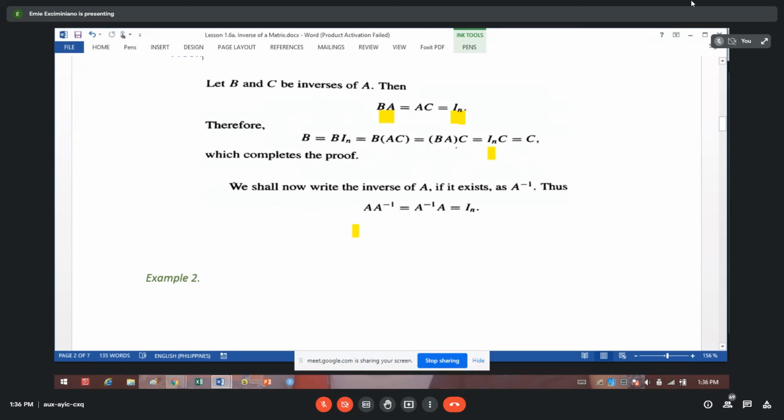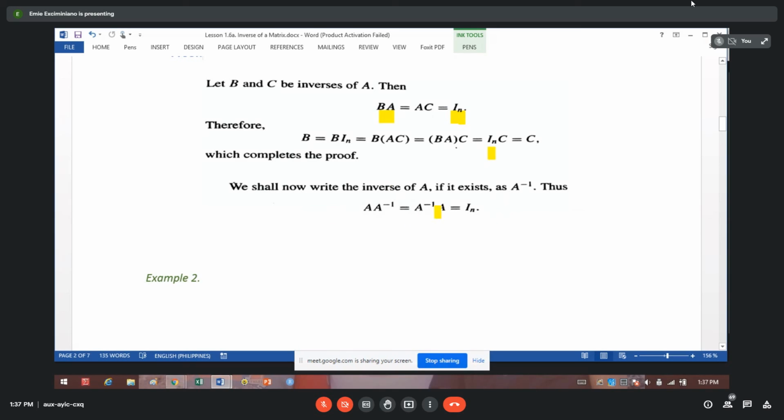Yun lang ang pinapakita dito. We shall now write the inverse of A, if it exists, as A raised to negative 1, or inverse of A. It is equal to, or can be presented as, the product of the given matrix and its inverse.